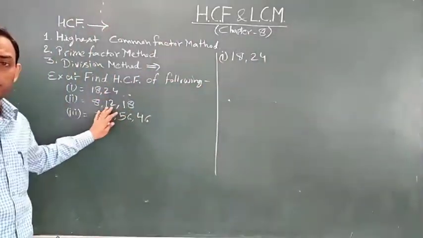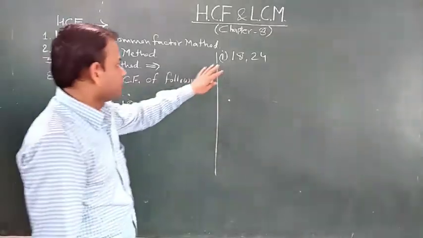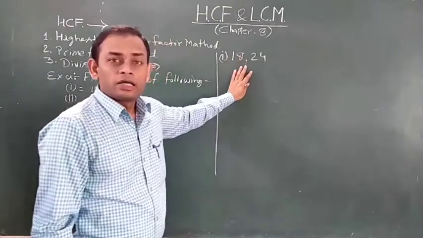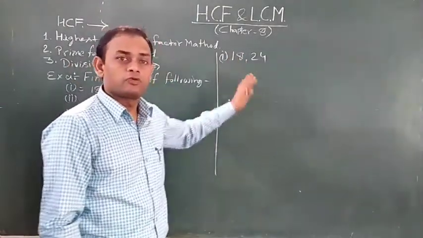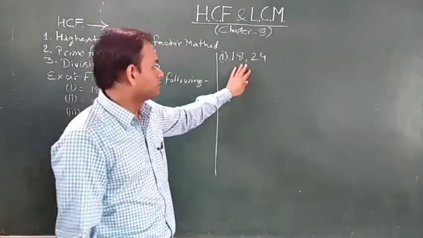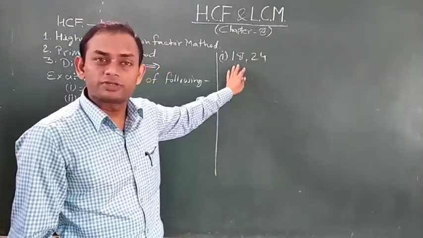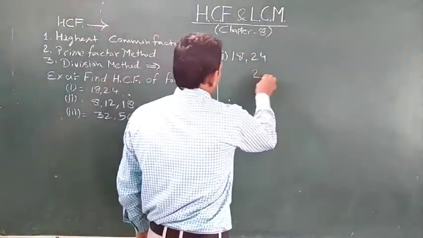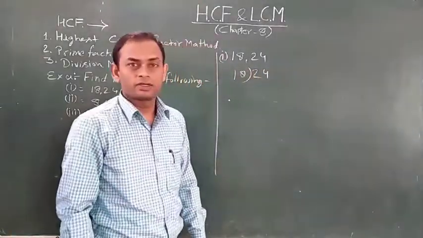They may be 3, 4, 5, 6, whatever numbers there are; first of all you will choose the smallest number. What is the smallest number? 18. And what is greater than 18? That is 24. Only two numbers are there. So in this case, you will divide the greater number by the smallest number. So 24 divided by 18, like this.